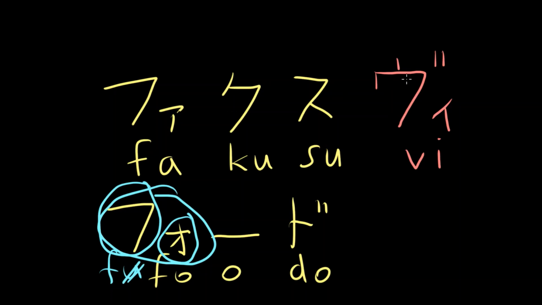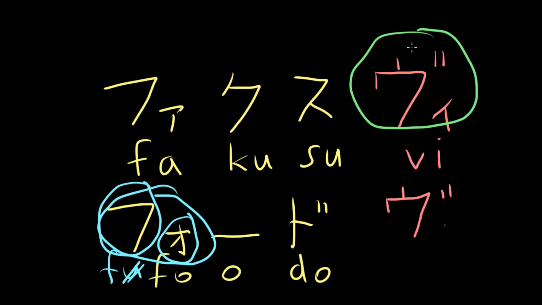So if you see a u with ten-ten, it's trying to imitate a V sound. There might be other examples such as va, vi. I can't think of anything off the top of my head, but just a note that there will be sort of odd usages of katakana to try to imitate foreign sounds.